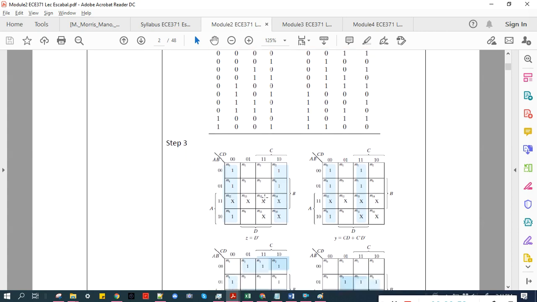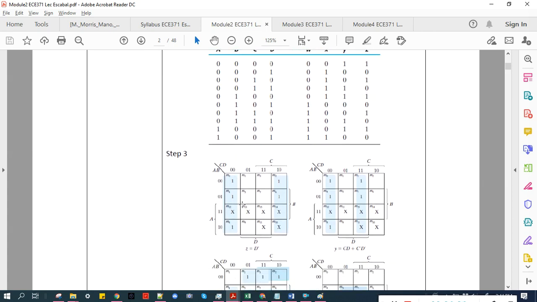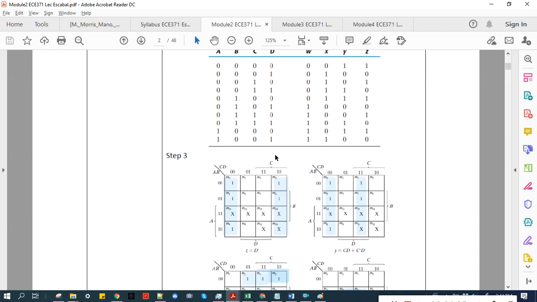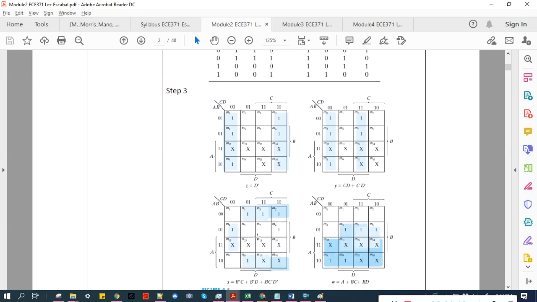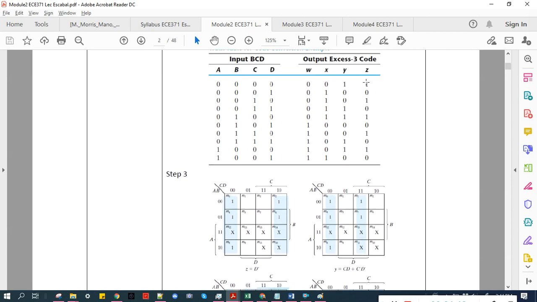The first K-map here is for the output Z, and then Y, this is for Y. This is for X, and then for W. Let's go to Z. Z is 1 for minterms 0, 2, 4, 6, 8.